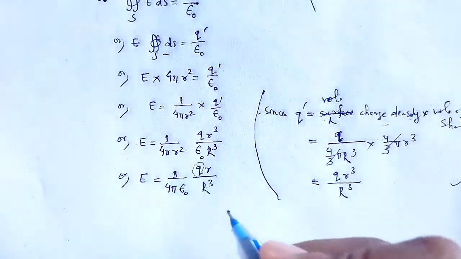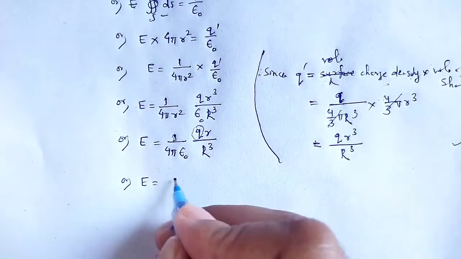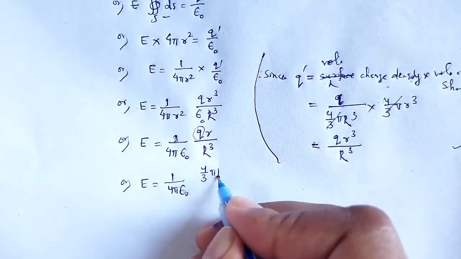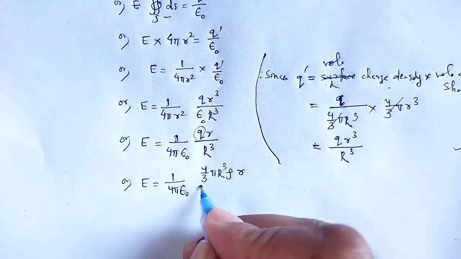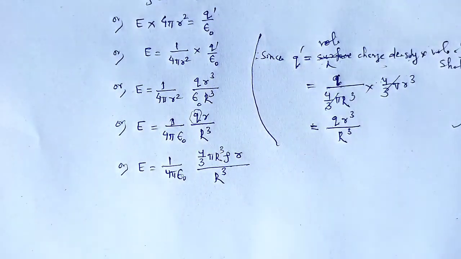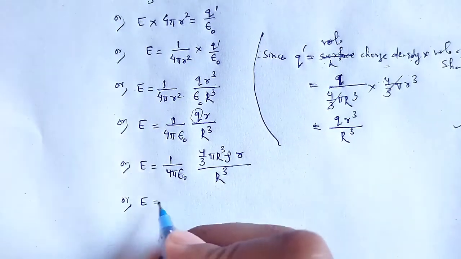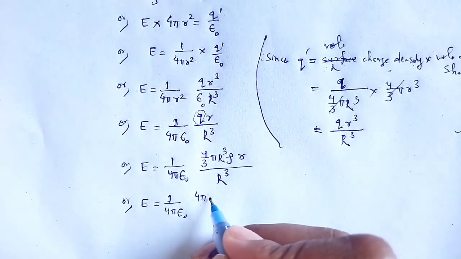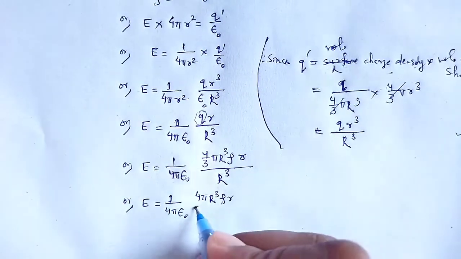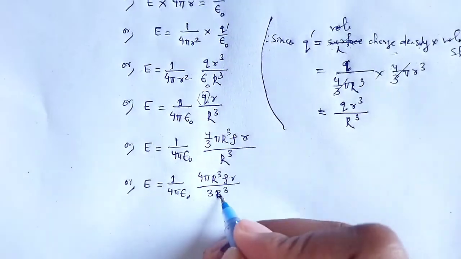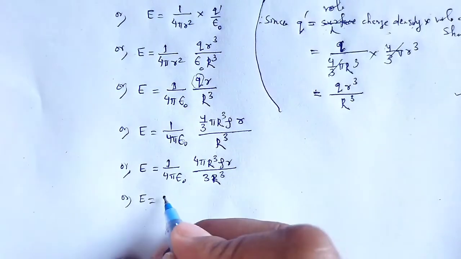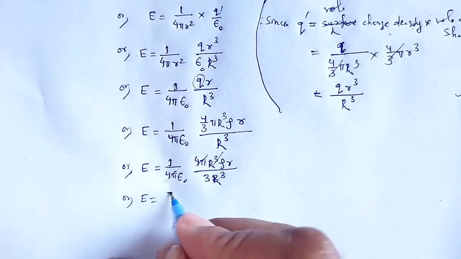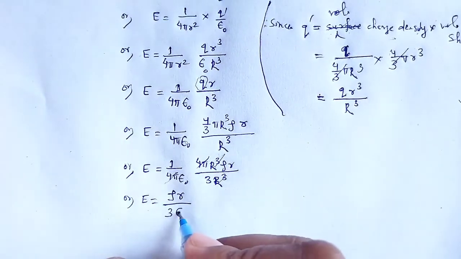Again put the value of Q here, or E is equal to 1 by 4 pi epsilon naught, in place of Q we substitute 4 by 3 pi R cube rho, into r divided by R cube. Again simplifying, E is equal to 1 by 4 pi epsilon naught 4 pi R cube rho r divided by 3 R cube, or E is equal to, 4 pi cancel out, R cube cancel out, rho r divided by 3 epsilon naught.